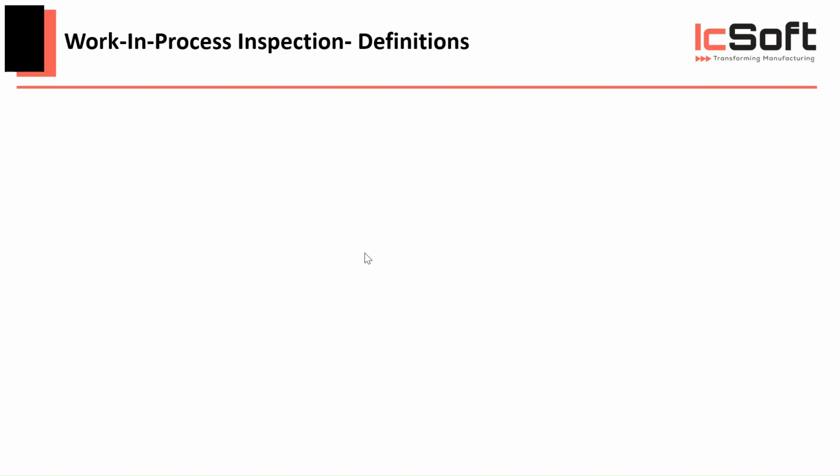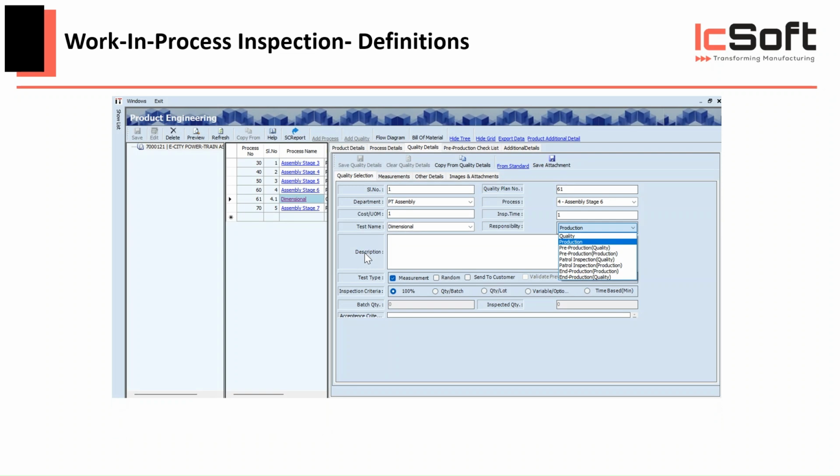Now we come to work in process inspection. Work in process inspection is divided in four sections: selection, measurements, other details, and images and attachments. These inspections are attached to different processes in manufacturing.